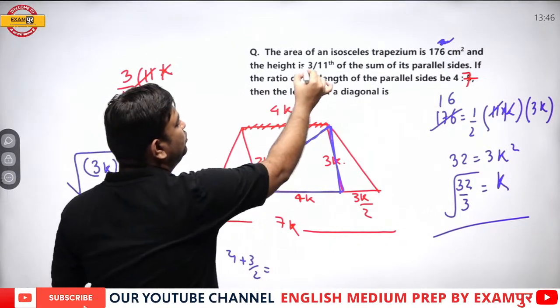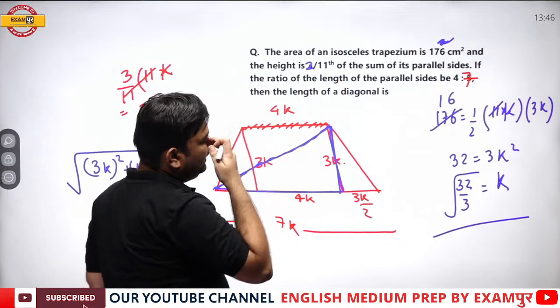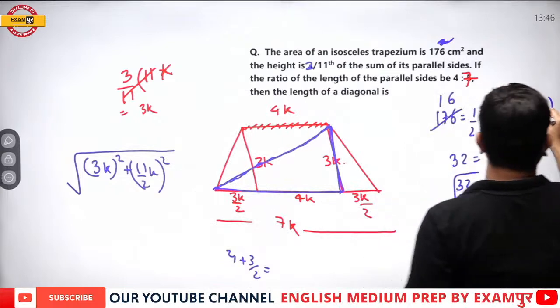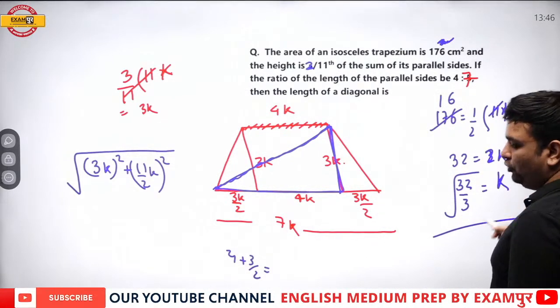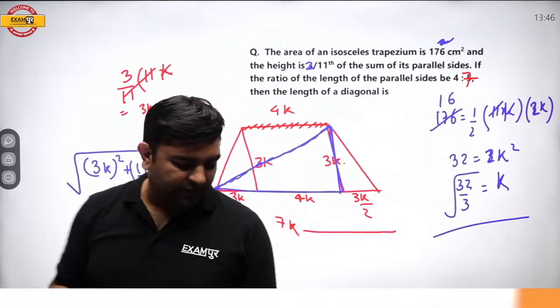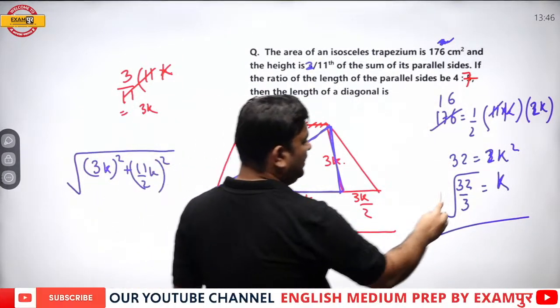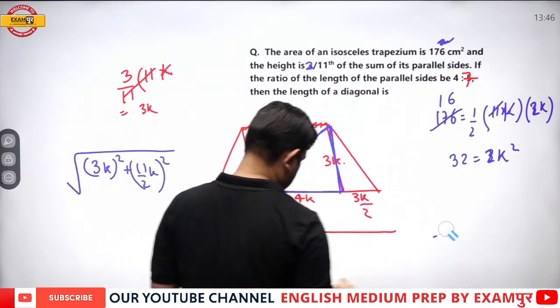If I take it 2, then K will come out to be 4.